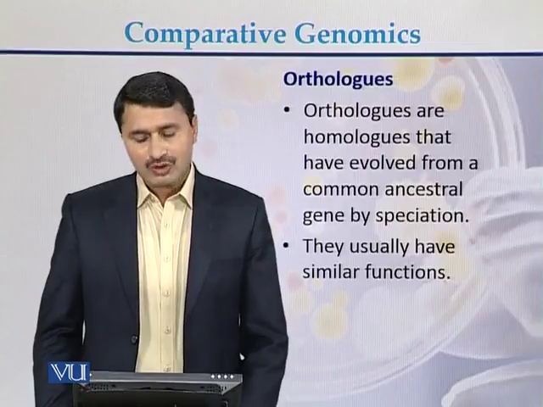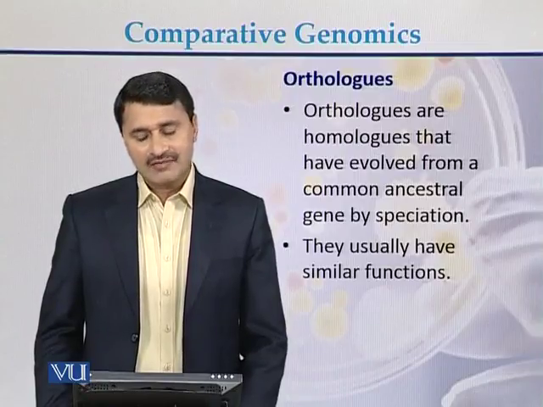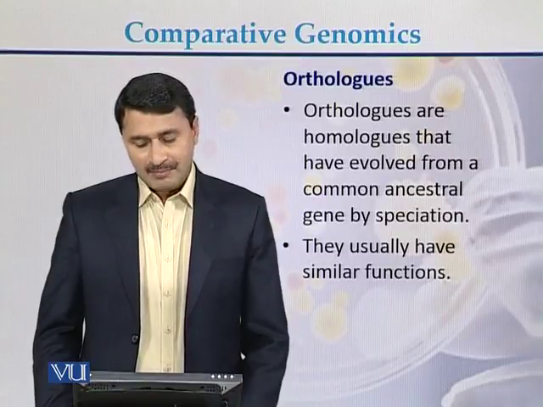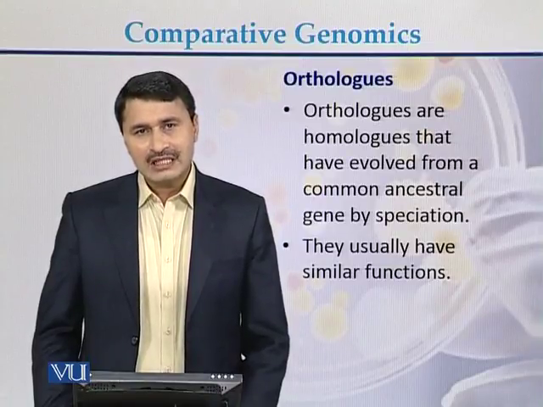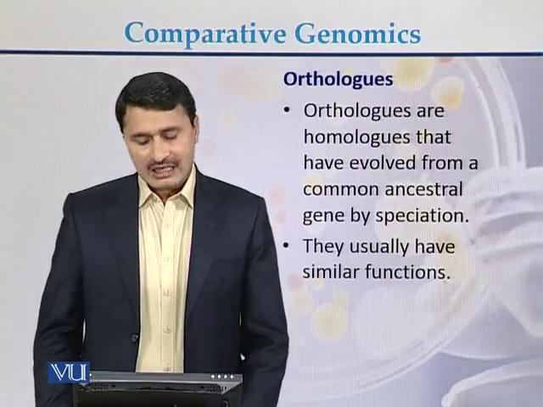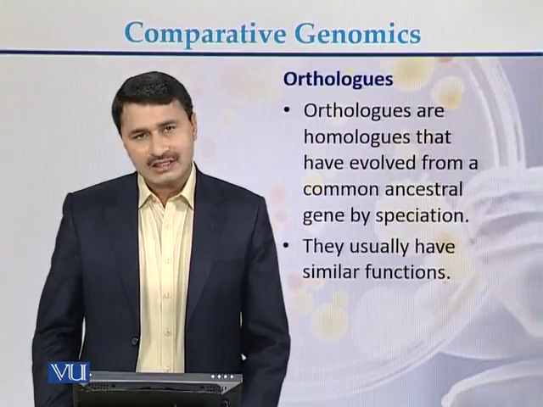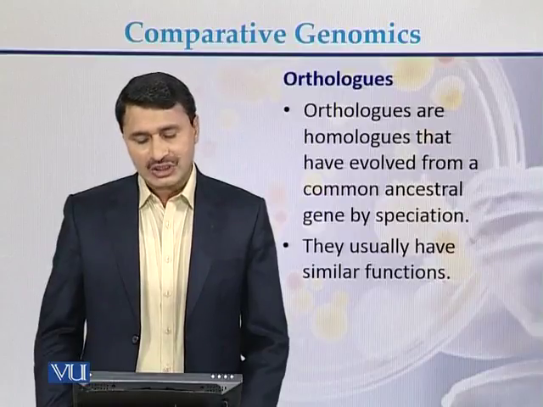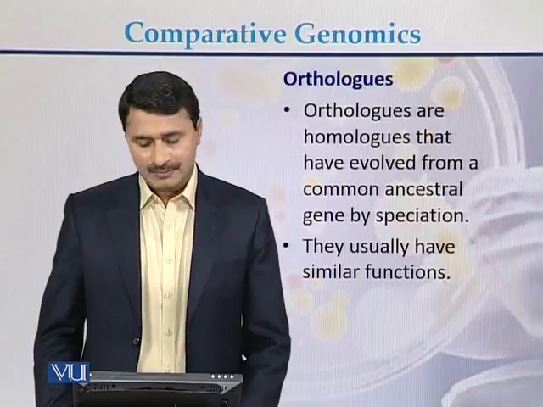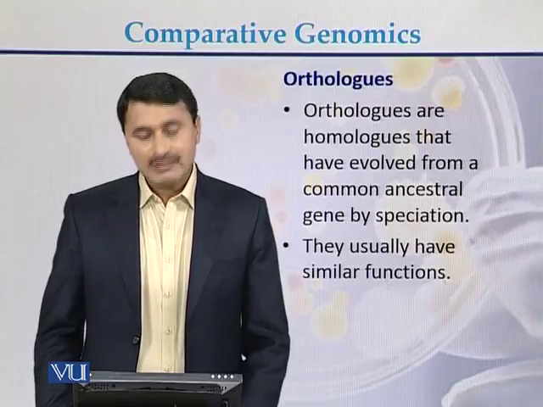Orthologs are those homologies that have evolved through a common ancestor by speciation. If two different characters evolved from a common ancestor by speciation, they are called orthologs of each other. They usually have similar functions.